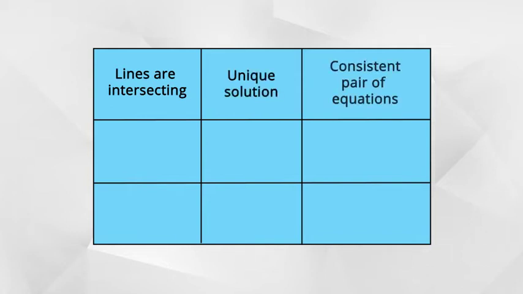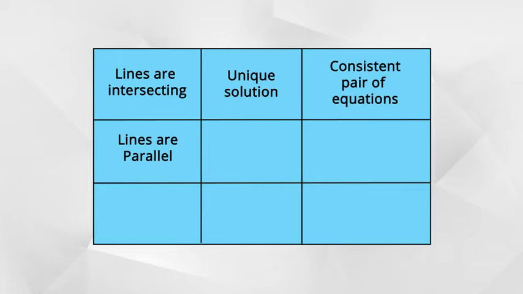Let us summarize the behavior of lines representing a pair of linear equations in two variables and the existence of solutions as follows. First, the lines may intersect in a single point. In this case, the pair of equations has a unique solution, that is, a consistent pair of equations. Second, the lines may be parallel.